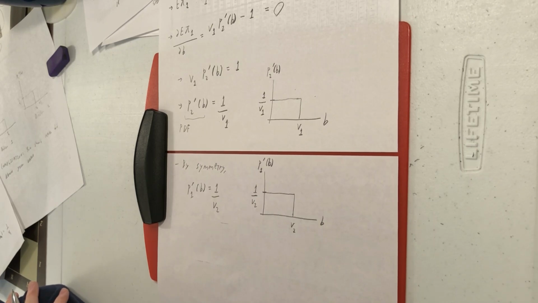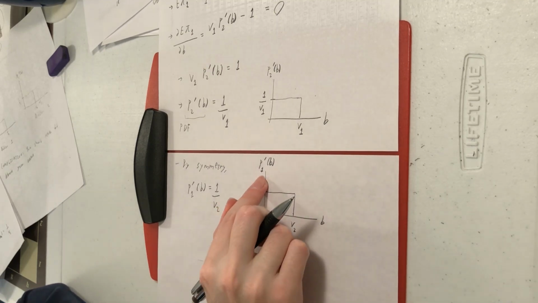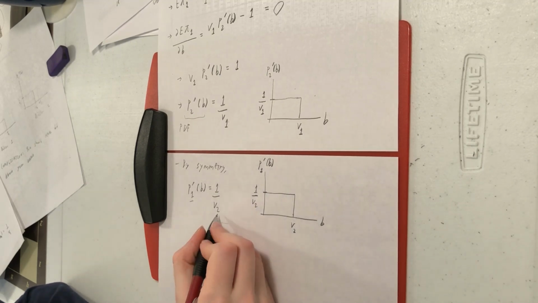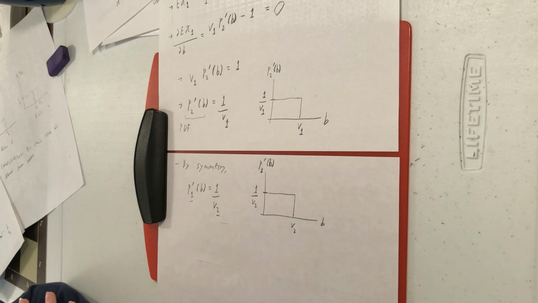So, some more remarks about this problem, because we're not done yet. One issue you might notice here, this is not a mistake. One issue is that bidder 1's bidding function depends upon bidder 2's value.